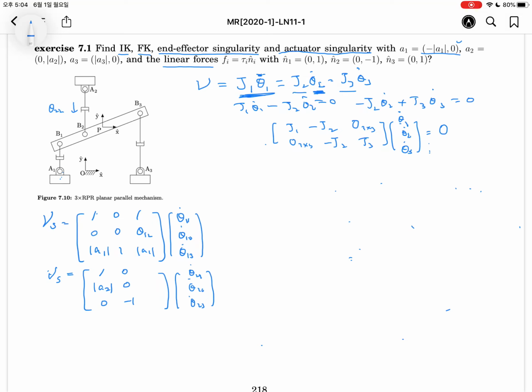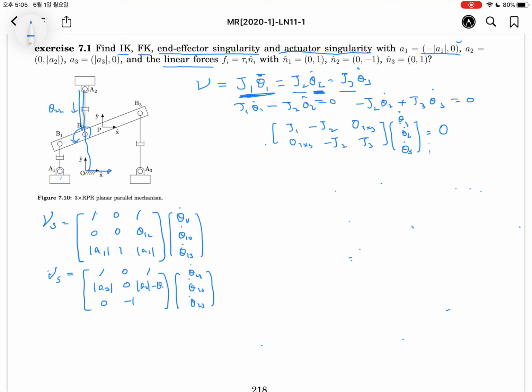How about the third one? Okay, this rotation movement. So we should add the 1 here, and this rotation movement will make the x directional movement. So this part is the magnitude of a2 minus theta 22.